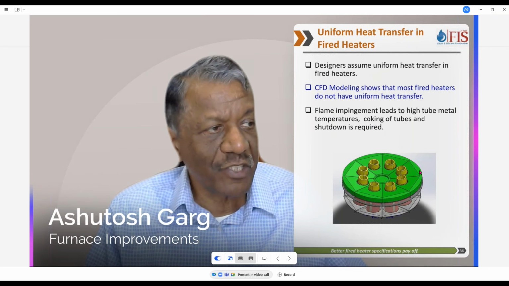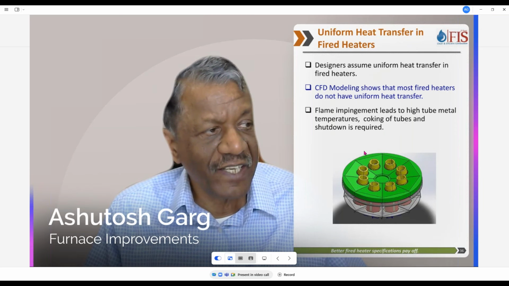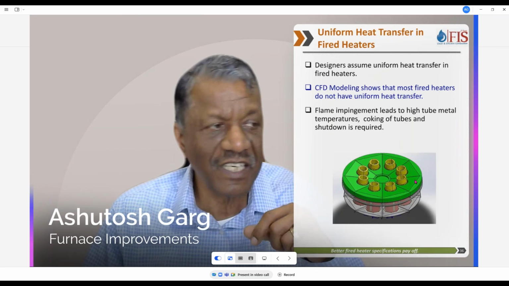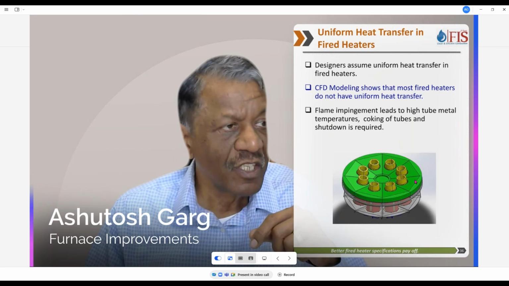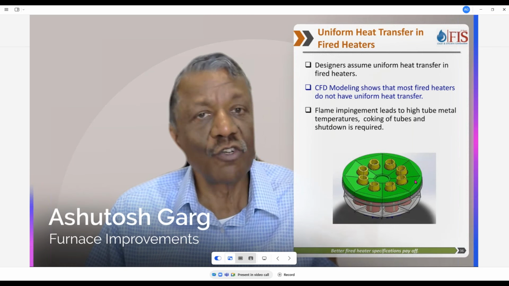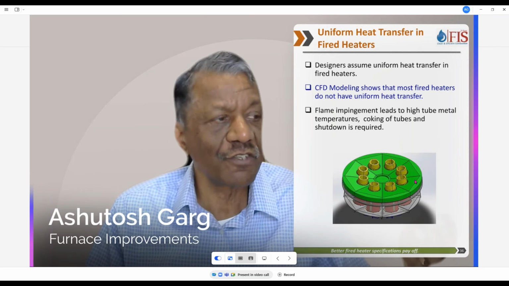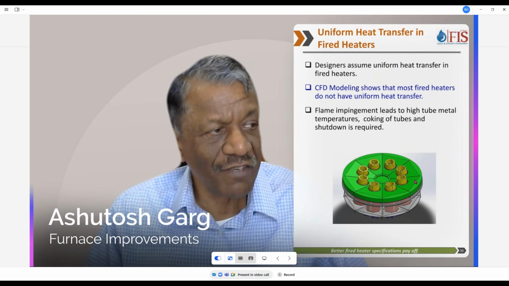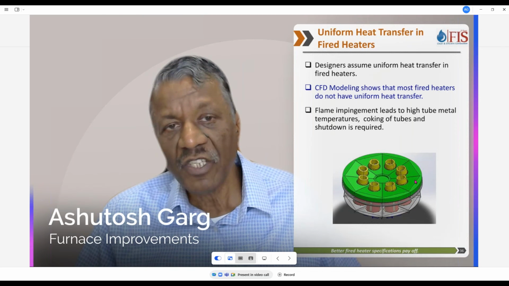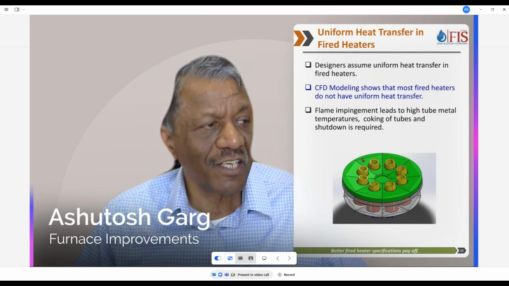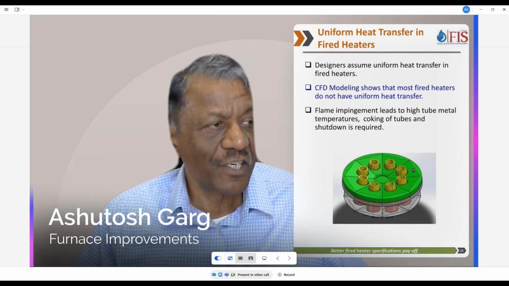And this is a picture of our patented inclined firing technology, and we have seen that by using this inclined firing technology, we are able to get much better heat distribution and much lower tube metal temperatures. I mean, it still does not go to uniform, but in existing heaters, if you are having high temperatures or coking issues, putting this inclined firing will help you substantially.